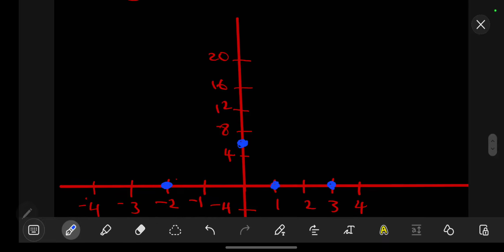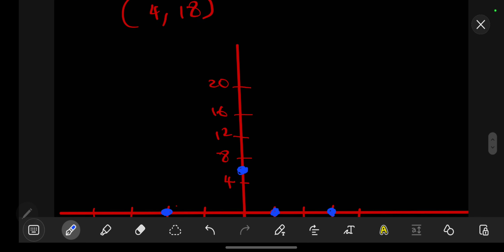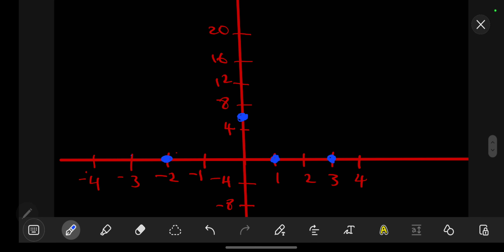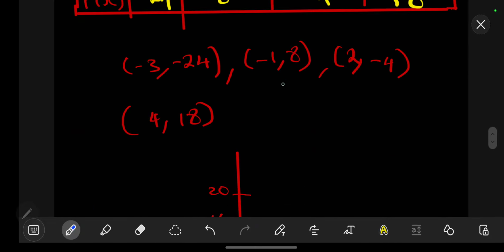Then finally, let us look at where the graph passes at some points. We are going to have a negative 3, negative 24. So negative 3 is here, and negative 24 is all the way down here. Then we go to our negative 1, 8.